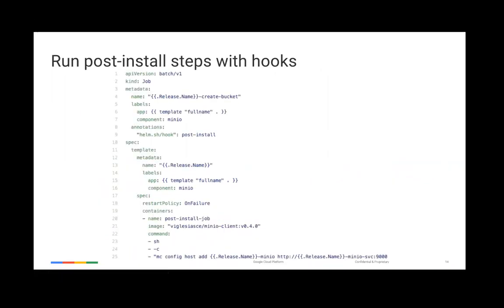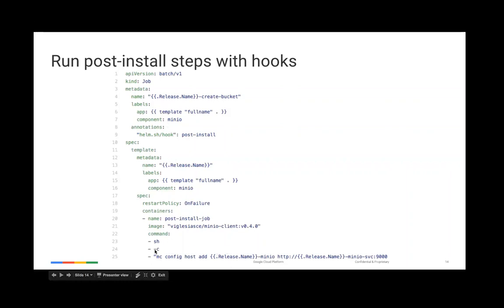Another thing that I've done in a few charts is to have some post-install steps. So maybe I'm uploading some configuration into a web service, or in this case, I'm creating a bucket that I need in my backing store, Minio. So you can use the Helm post-install hooks. Every time you install the chart, it's going to run this particular job and make sure that it completes successfully.